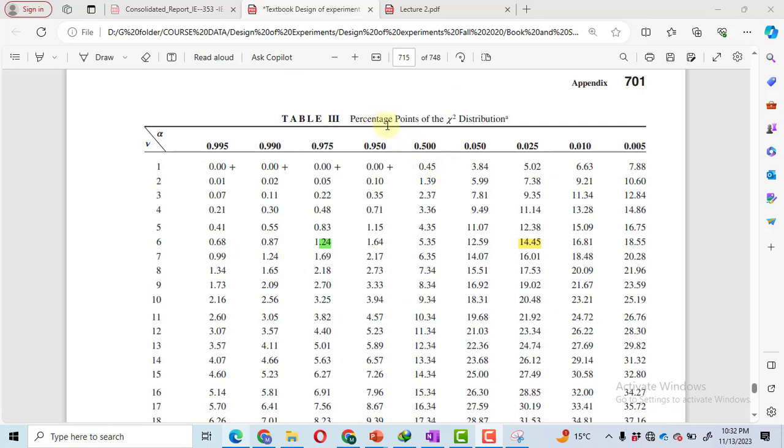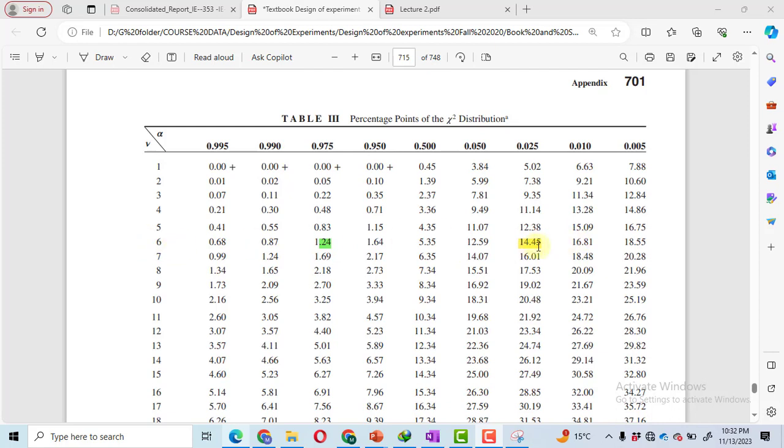Here you can see the percentage points of the chi-square distribution. First, we have 0.025 on the horizontal axis and v, the degrees of freedom, on the vertical axis. Look at 0.025 on the x-axis and 6 on the y-axis. We got 14.45.